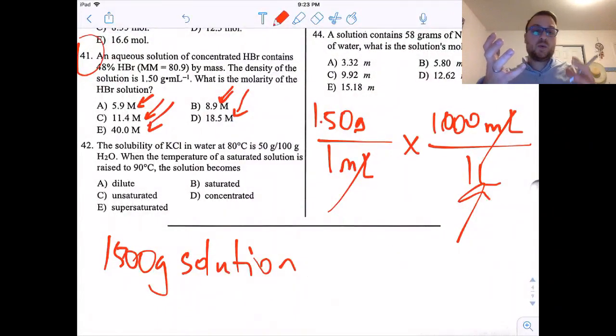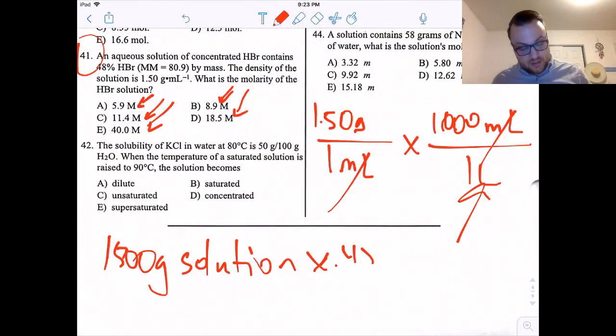Multiply that by 0.48, because I need 48% of 1,500. And you get 720 grams of HBr. It's a lot of HBr. But I want molarity, and molarity is moles per liter.